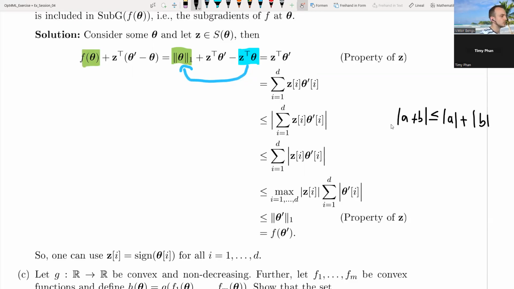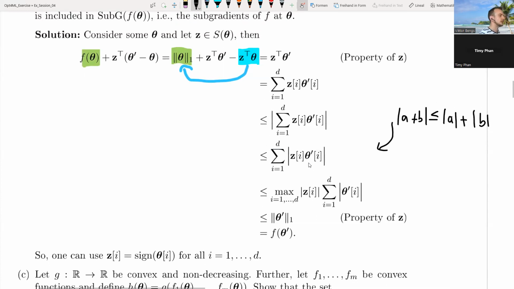We use this here d minus 1 times, and we see this is smaller than the sum of all the absolute values of the products of the components of z and theta prime.